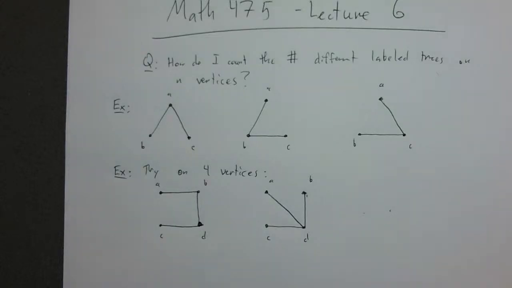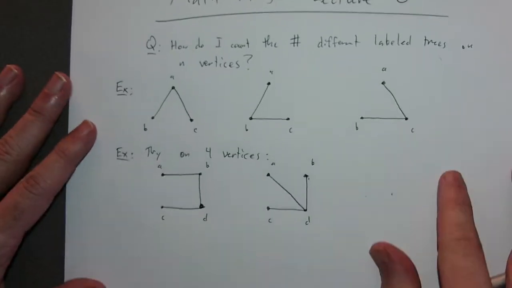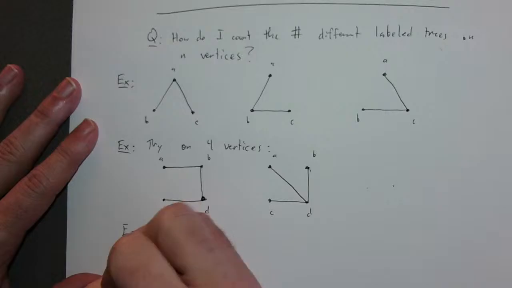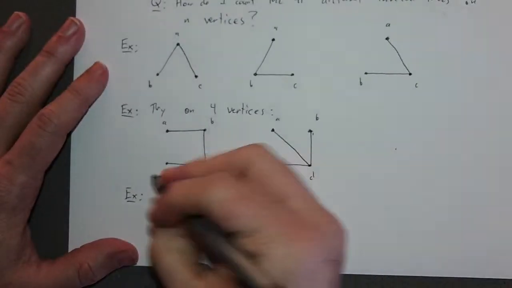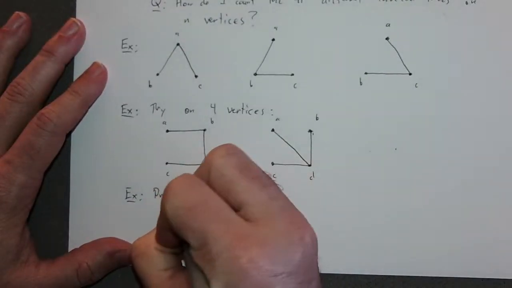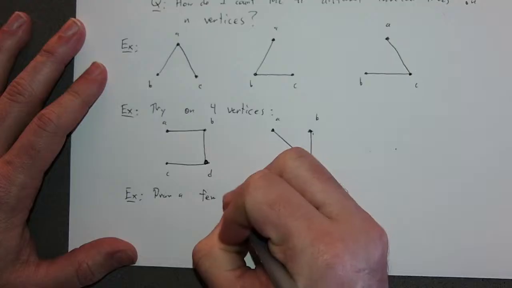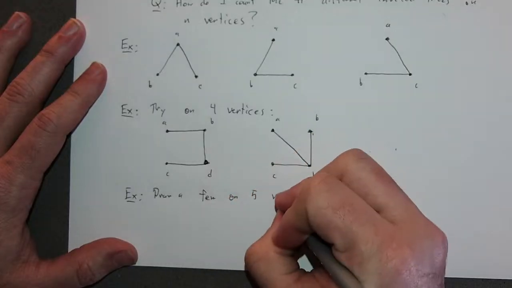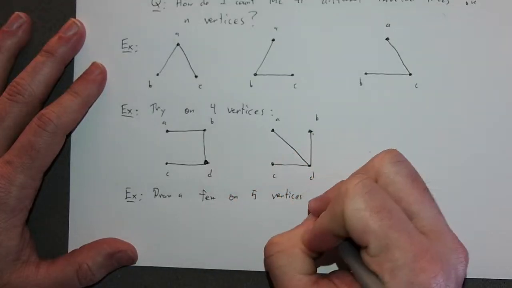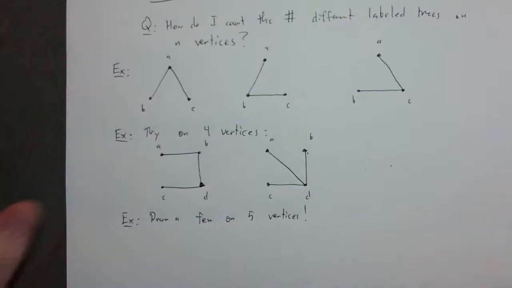But you might want to take a look at the result first to tell you what number of these you can expect before you set about doing it. So here's just for you. Draw a few on 5 vertices, just to see.